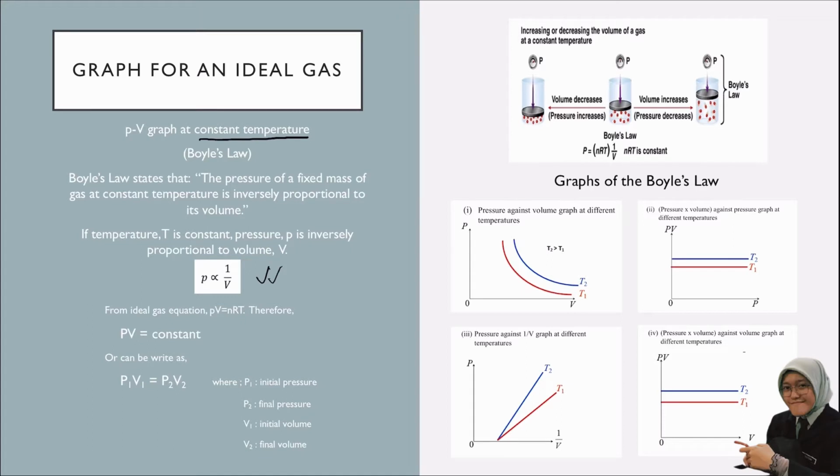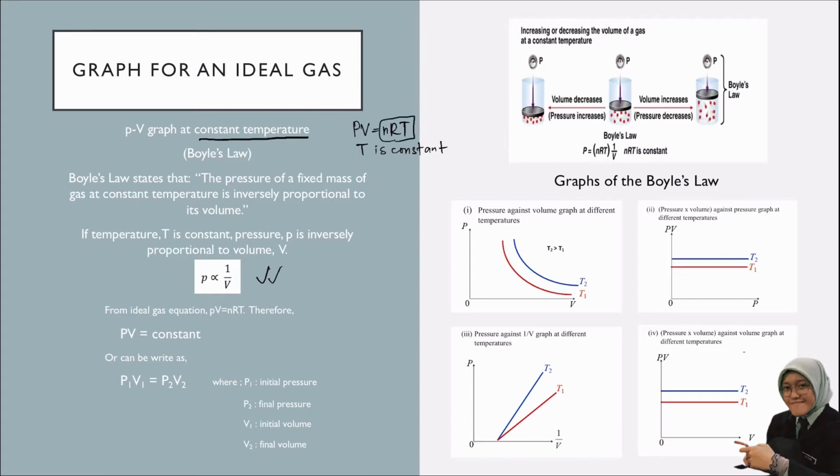So, just try, kita tulis equation PV equals to nRT. So, we know that temperature is constant. So, this is constant.